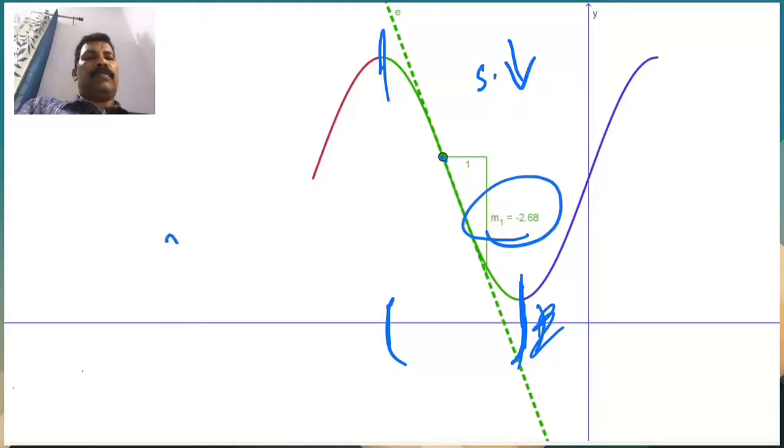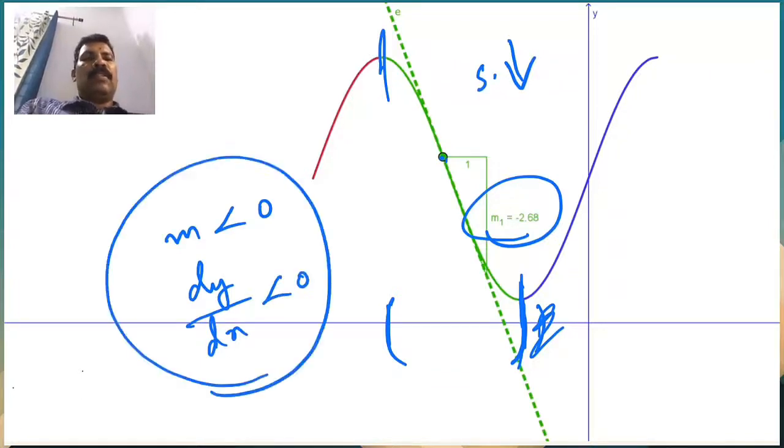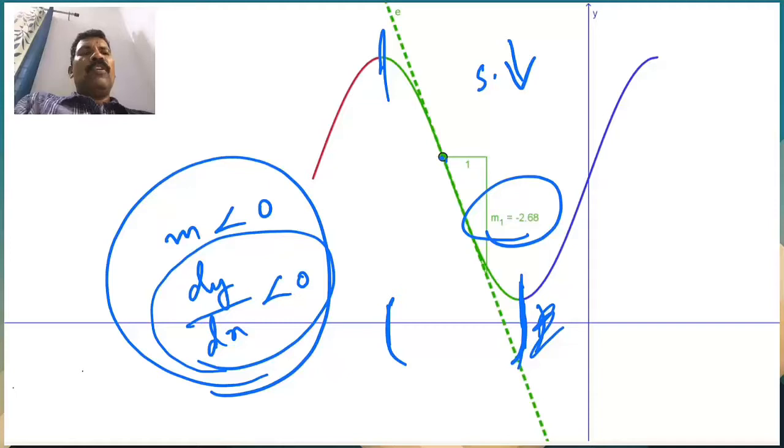Slope is negative. Slope is less than 0 means derivative is less than 0. So this is very simple and easy to understand. Whenever the derivative is negative, that function, or that portion of the graph, will be strictly decreasing like this.